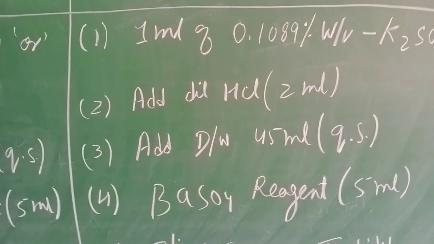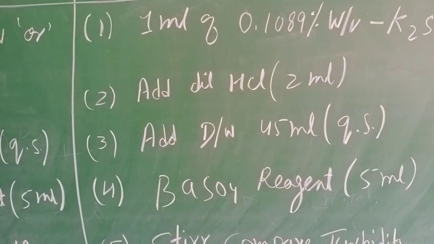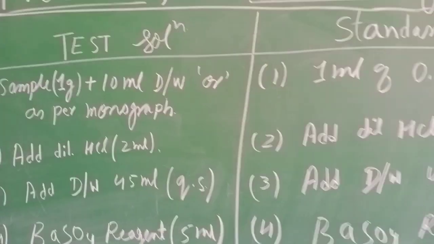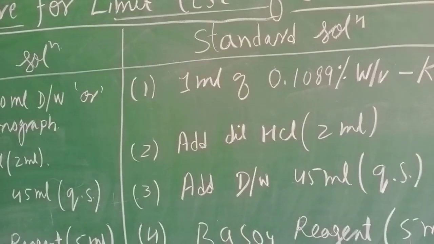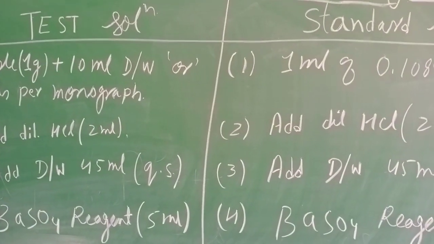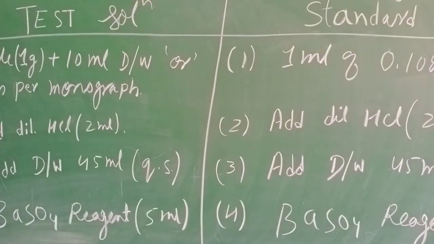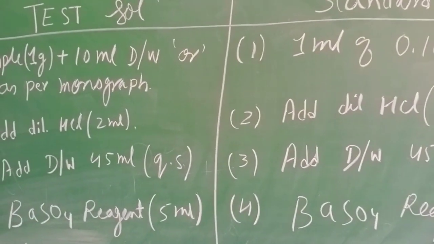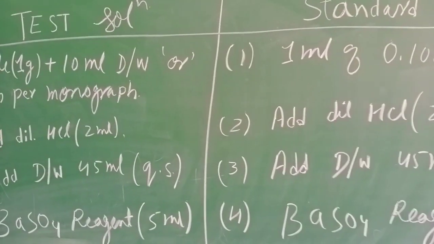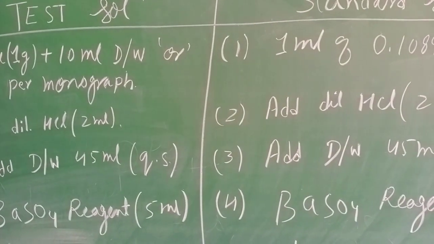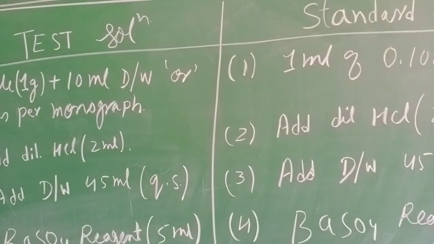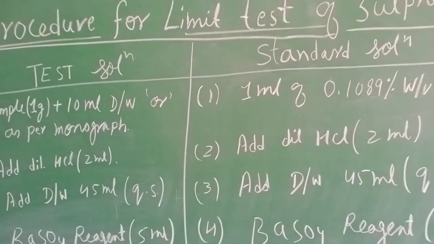So once we are done with the test solution as well as the standard solution, in order to know the outcome of the limit test of sulfate, the turbidity of the test solution has to be compared with the turbidity produced by the standard solution.